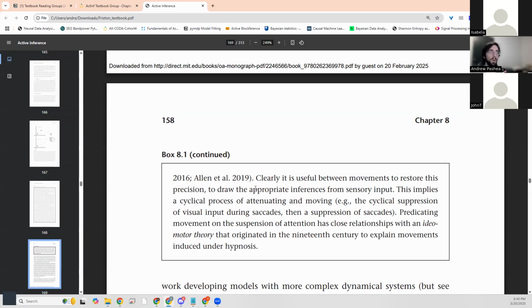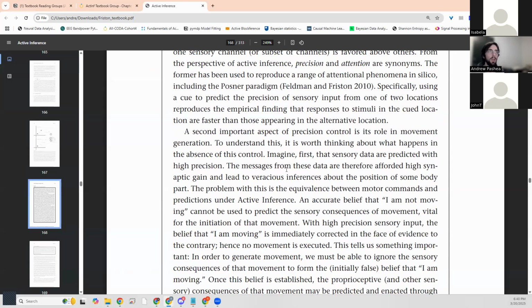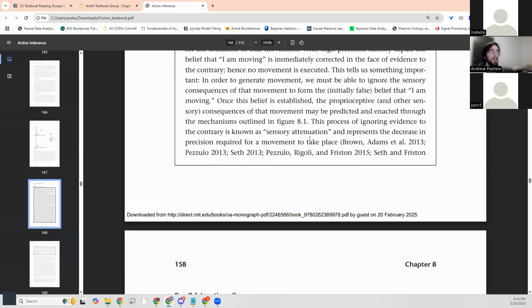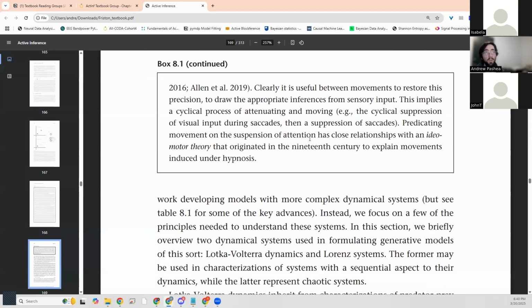And so by being able to understand sensory attenuation and its connection to things like precision control, as well as being able to see in other areas of the textbook how they relate precision, and in particular precision values, to potentially being relatable to various neurotransmitters.